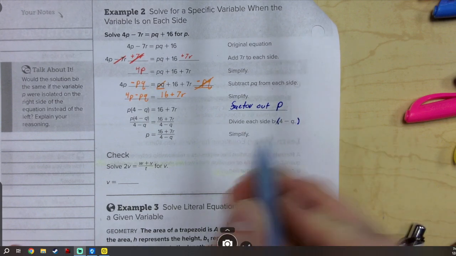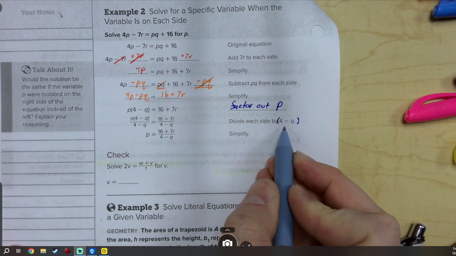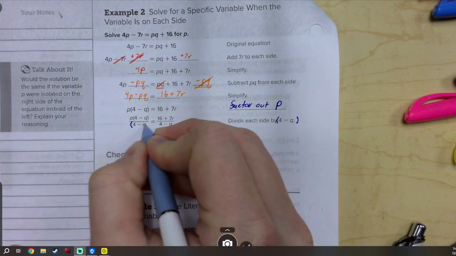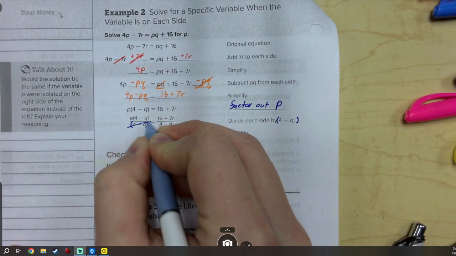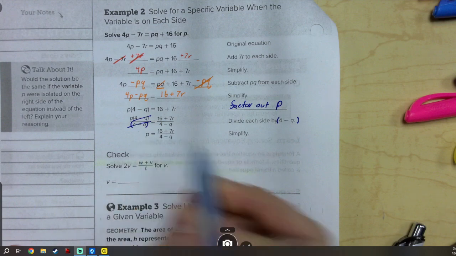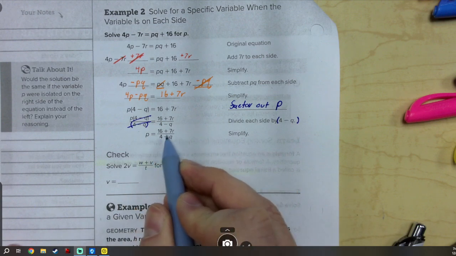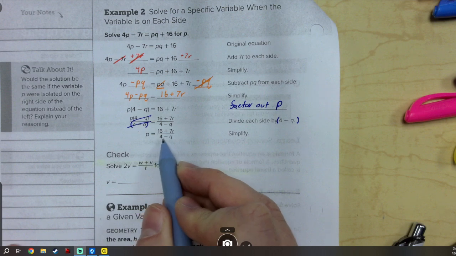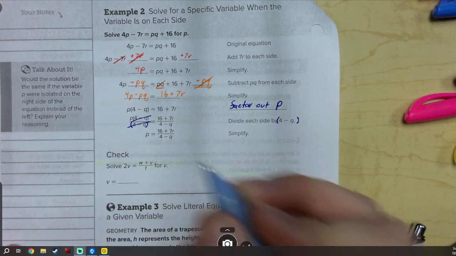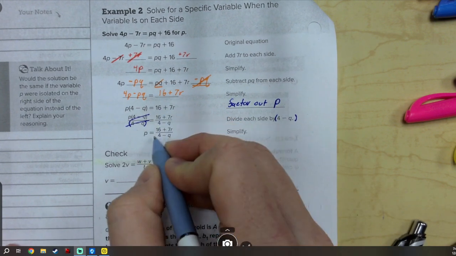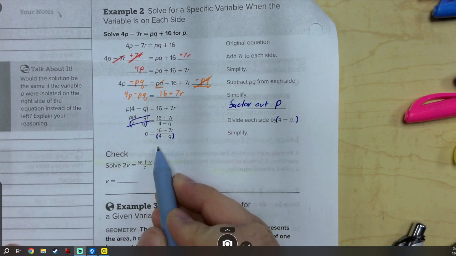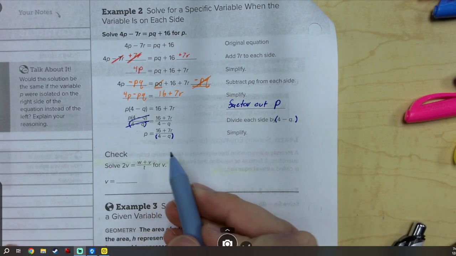From here, we're going to divide each side by the quantity of 4 minus q. These two 4 minus q's cancel, leaving p, and we're left with this fraction 16 plus 7r divided by 4 minus q. What makes this one hard is that we start using two terms as a number, so make sure you're putting your parentheses in here to not get overwhelmed.